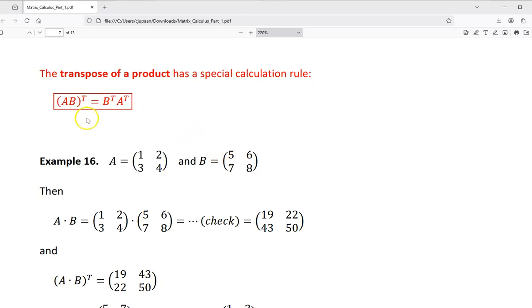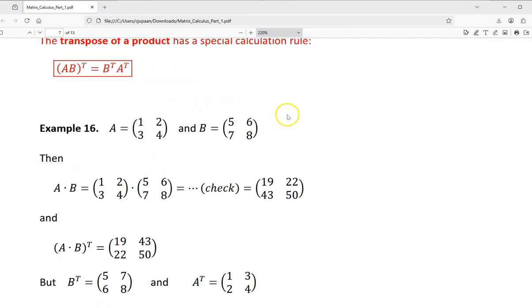If you need to calculate the transpose of a product, it is a product of transposes but in different order. So if you have A times B and the transpose of that, we take transposes of both matrices, but we write them in different order. Here A before B and here B before A.